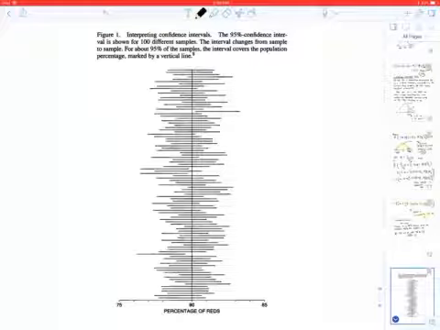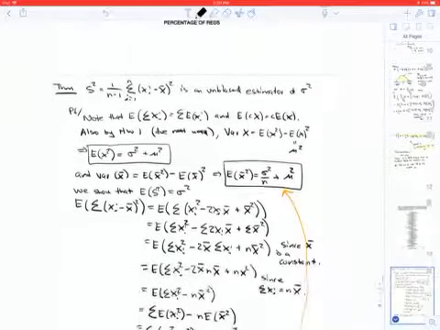So there's winners and losers, and that's the main interpretation of a confidence interval. 95% chance that your confidence interval contains the true population parameter.